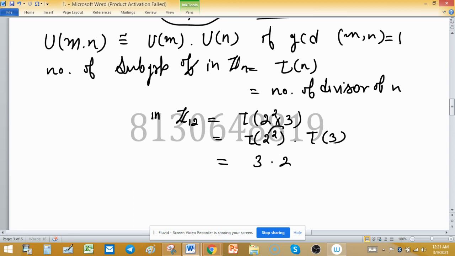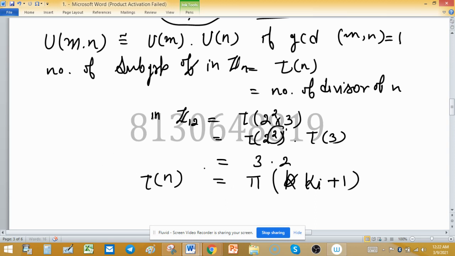How? The exponent of this is 2 and the exponent of this is 1. So you can write tau(n) easily. Tau(n) is nothing but the product of (k_i + 1). And what is i?